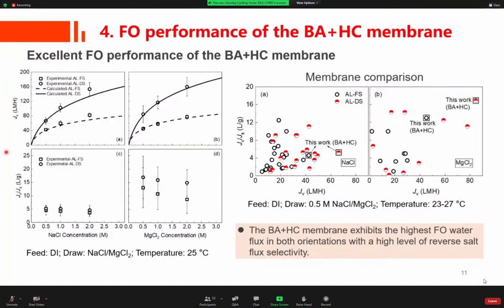We tested the FO water flux and reverse salt flux selectivity as a function of draw solution concentration using DI water as the feed solution and sodium chloride or magnesium chloride as the draw solution. Greater draw solution concentration leads to higher FO water flux as a result of the increased osmotic driving force.